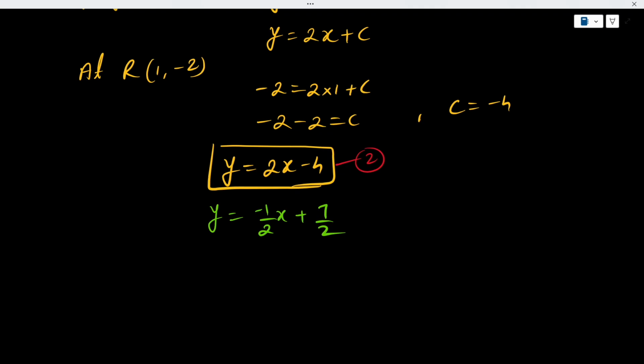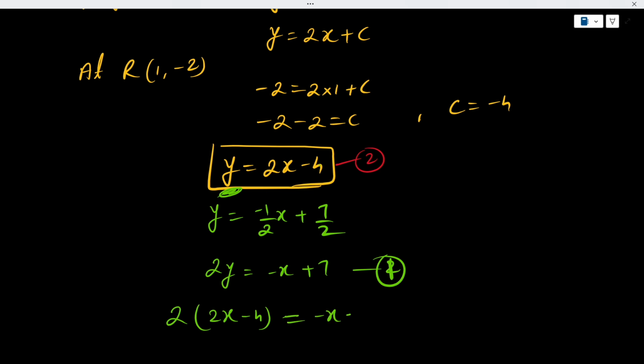Either way, 2 is a common factor, so I can write this as 2y equals -x plus 7 as equation 1. Now I can substitute y from equation 2. You can follow the elimination method also, but I am directly doing the substitution method because I can see the solution directly.